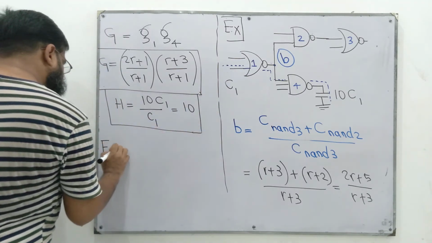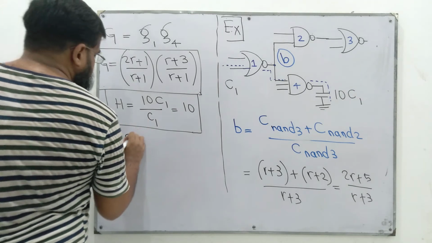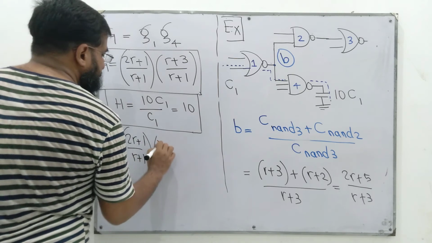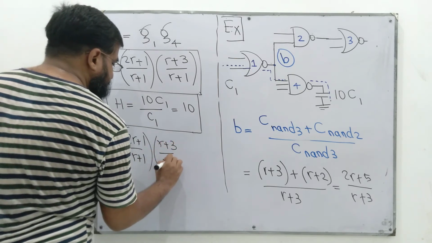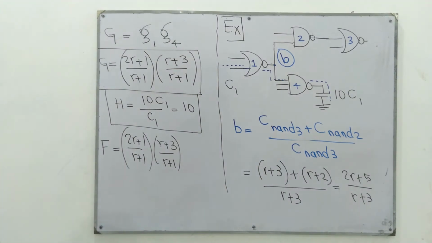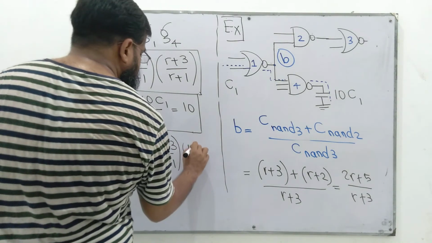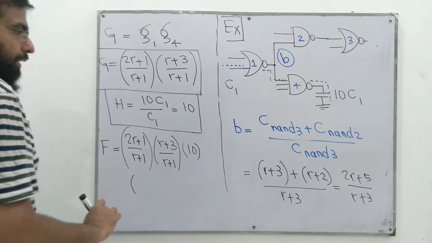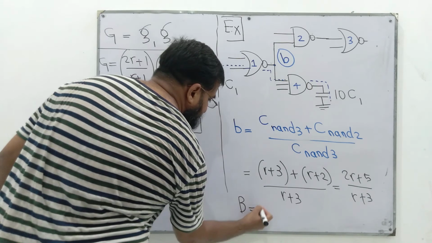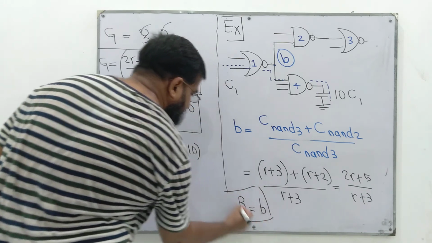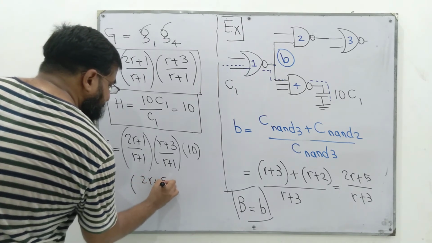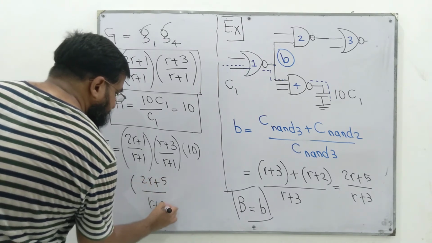So now we can compute F by multiplying G with H and with capital B. Since there is only one node, capital B is the same as small b, so 2R plus 5 over R plus 3.